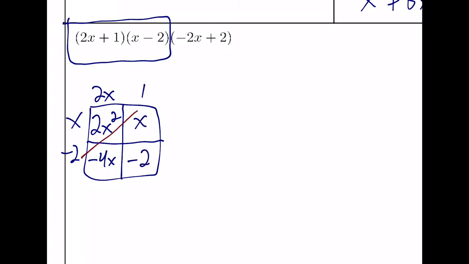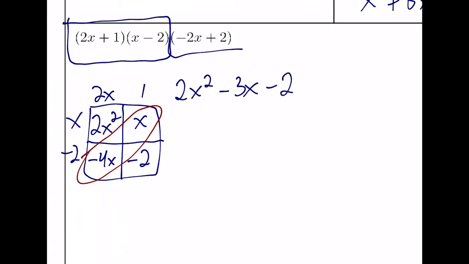I combine my like terms, which are my x terms, and I have 2x squared minus 3x, because it's negative 4 plus 1, minus 2. So I'm going to take this answer, and I'm going to multiply it by this negative 2x plus 2 from the top.